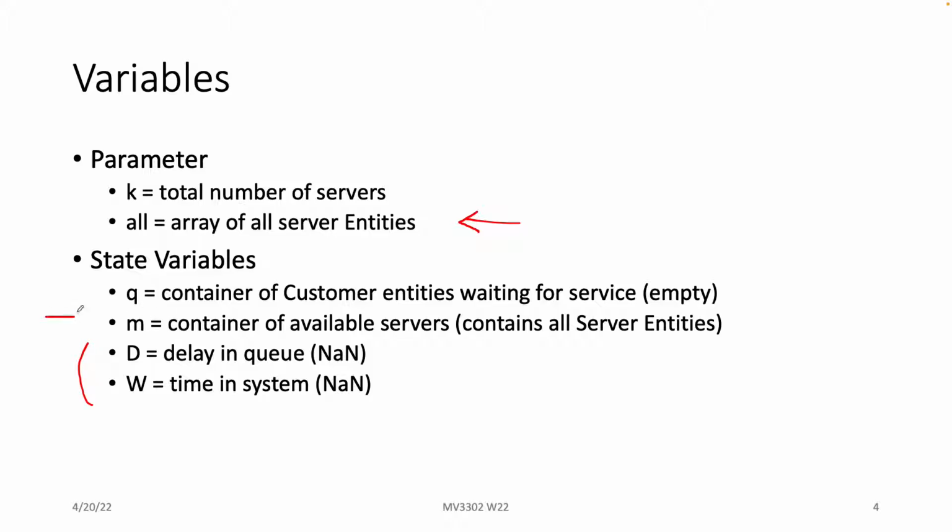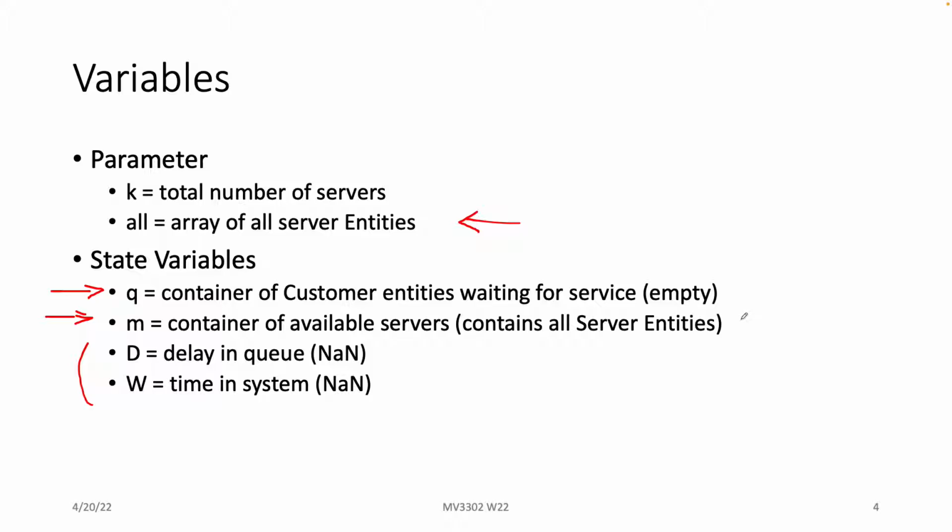But now we have a container of customer entities that are waiting for service, that's our queue, and then another container which will consist of all of our available servers. Initially it's going to contain all of the server entities that we have.